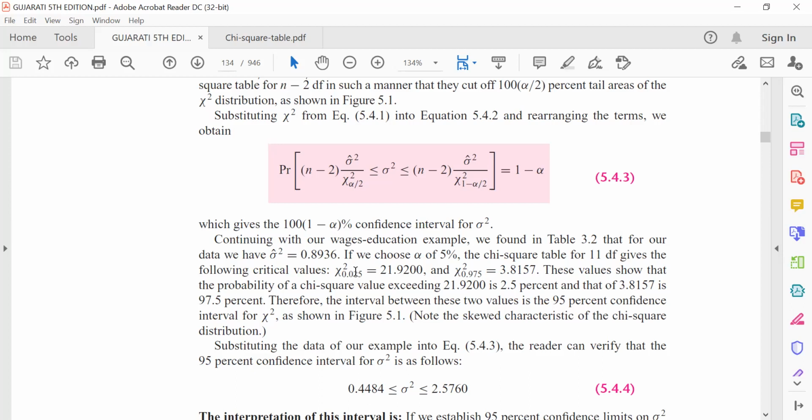For the chi-square with 11 degrees of freedom, the critical values are: chi-square 0.025 is equal to 21.92, and chi-square 97.5% is equal to 3.8157.